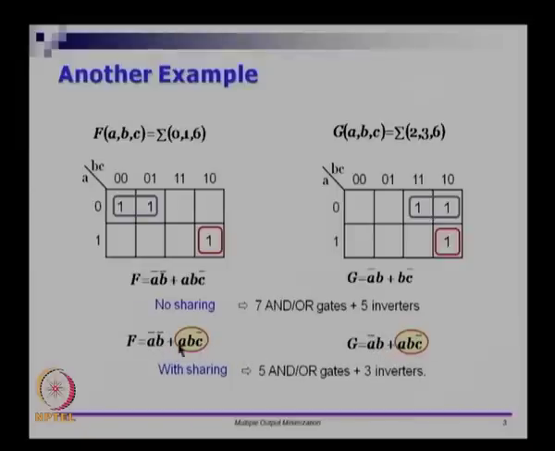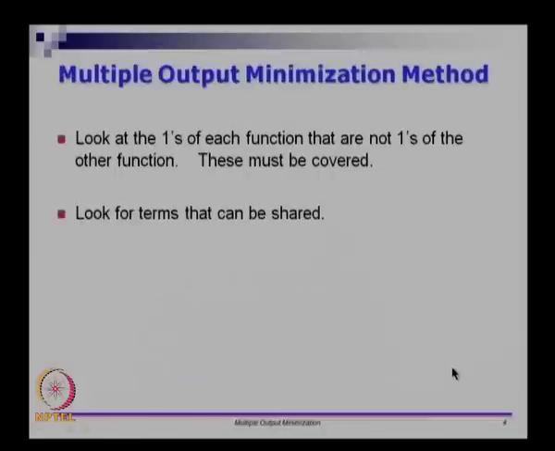So you need 3 inverters, one for A, one for B, one for C, and otherwise this term requires 2 AND gates. So remember A, B, C bar is 2 AND gates, so 1 AND gate here and 1 AND gate for this one, and this one requires 1 AND gate, this one requires 1 AND gate. So that is 4 AND gates plus 2 OR gates plus 3 inverters. So we have reduced the hardware cost by 1 AND gate.